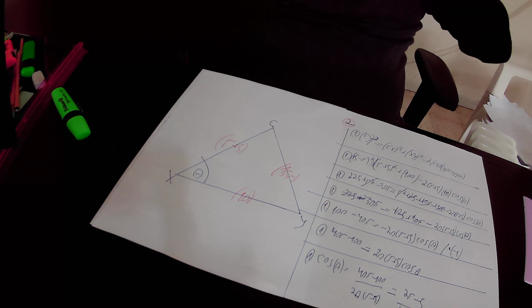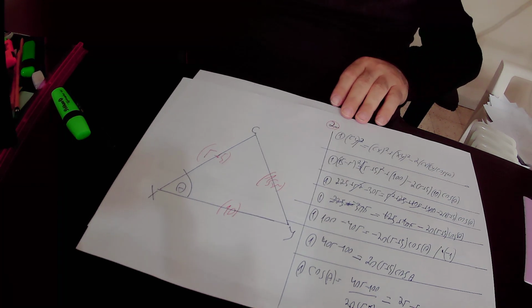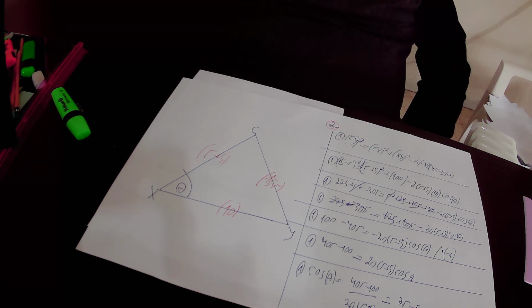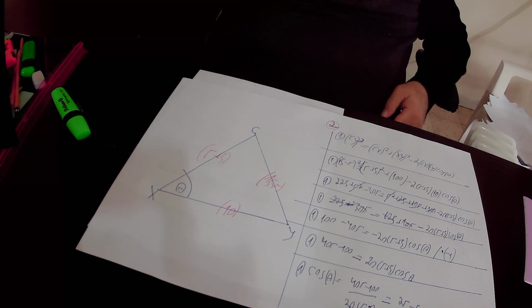Okay? CY is 15 minus R, so CY squared is 15 minus R squared, and it is equal to CX squared. CX is R plus 5, so CX squared is R plus 5 squared.